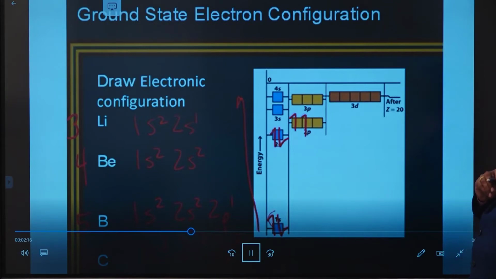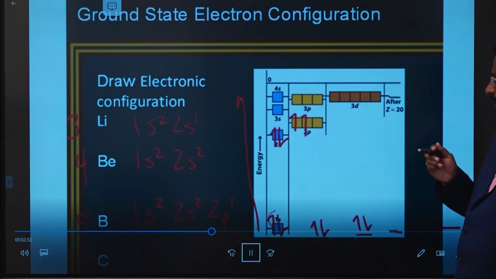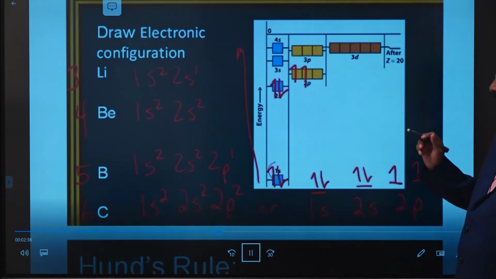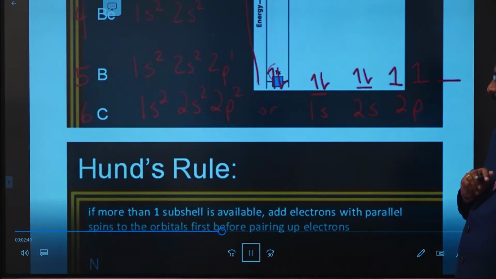Its electronic configuration is 1s2 2s2 2p2. Carbon atomic number is equal to 6, so its electronic configuration is 1s2 2s2 and 2p2.